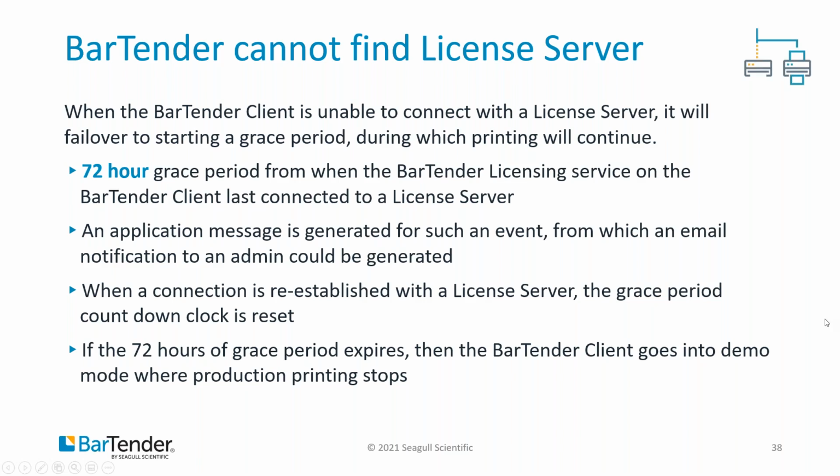And when that grace period does expire, of course, printing essentially stops, production printing stops. When connection to the license server is re-established, of course, that 72-hour countdown clock is reset.